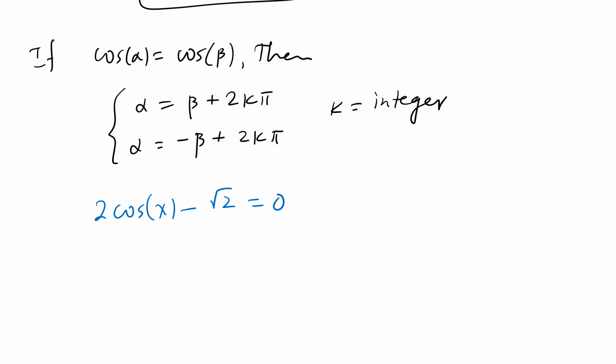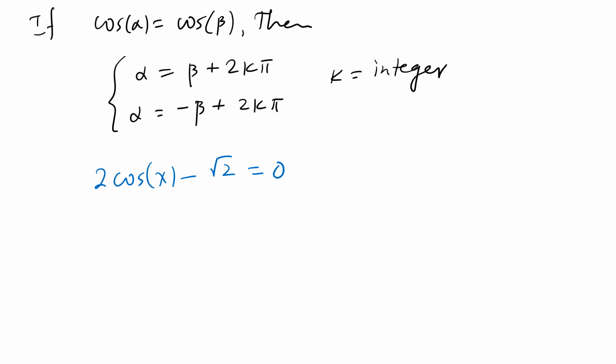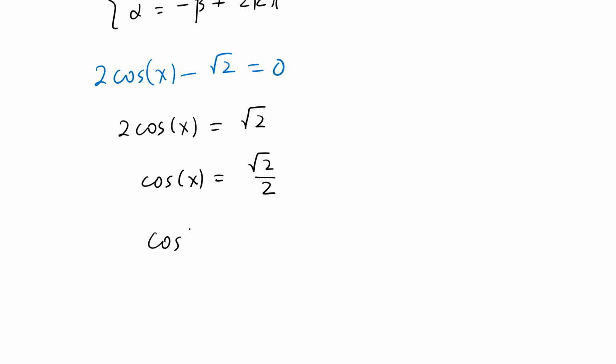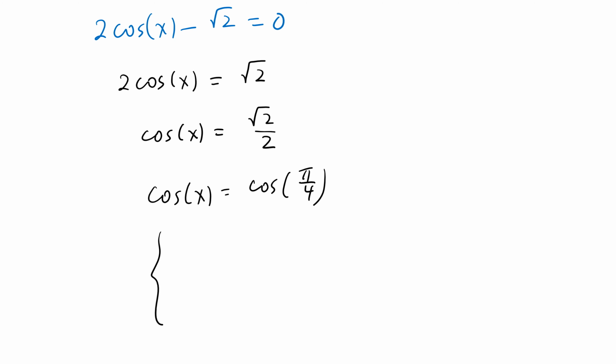Always isolate the cosine, get cosine by itself. Notice there's no condition on x, so the angle is x that we're looking for. So add square root of 2 to both sides, divide by 2 on both sides. What's the angle whose cosine is square root of 2 over 2? It's cosine pi over 4. Then, using the formula, it says x equals beta plus 2k pi, or x equals negative beta plus 2k pi, k integer.